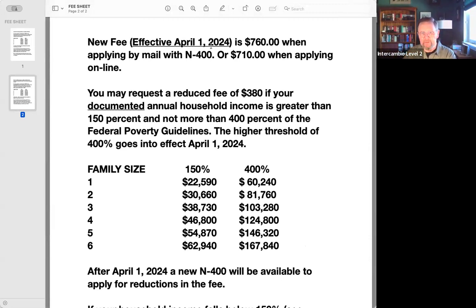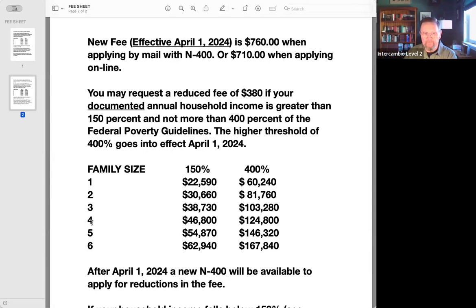But the new fee, which went into effect April 1st, is $760 when you send it in by mail. If you want to do it online, it's $710. You can reduce that fee from $760 to $380, cut it in half, if your documented annual household income, that means what you pay taxes on, is greater than 150% and not more than 400%.